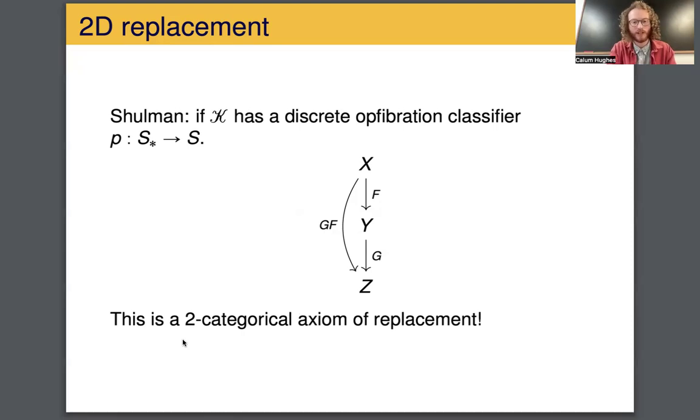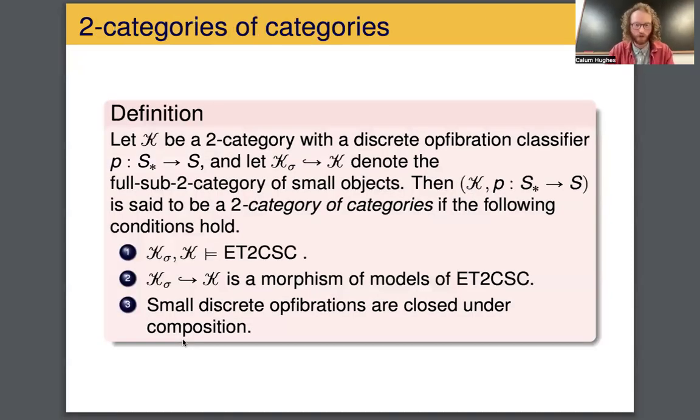Okay, great. And this gives us our definition of 2-categories of categories. If we have a 2-category with a discrete vibration classifier, I said that we could define what a small object was. If we take the full sub-2-category of small objects, we have this inclusion here. And we say that this K, along with this discrete vibration classifier, is a 2-category of categories if the following conditions hold.